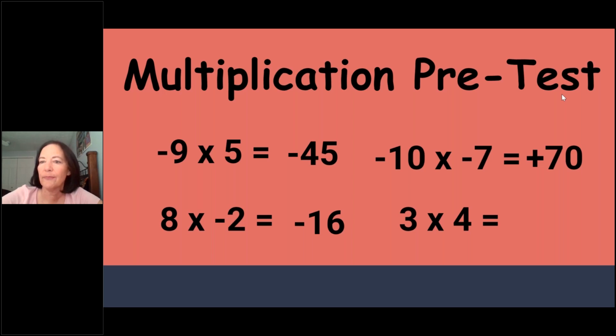Because the signs are the same, a positive and a positive, it's going to be a positive 12. Oh, so this is different than the negative subtracting and adding when it comes to multiplication. You are exactly right, and that is why so many people get confused with this.